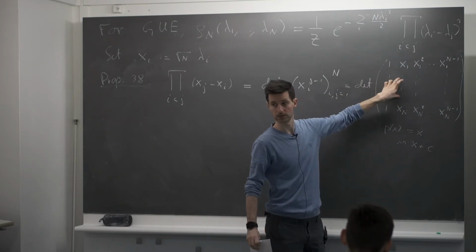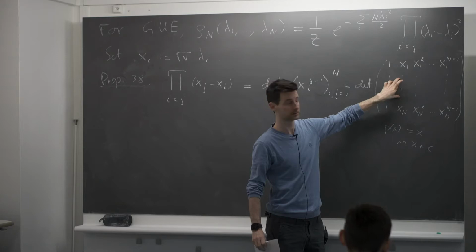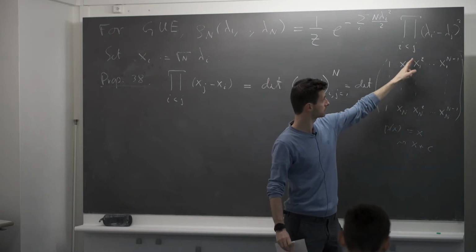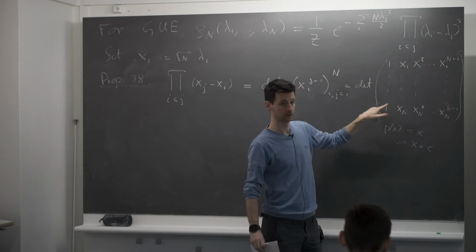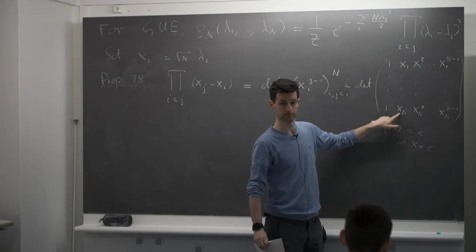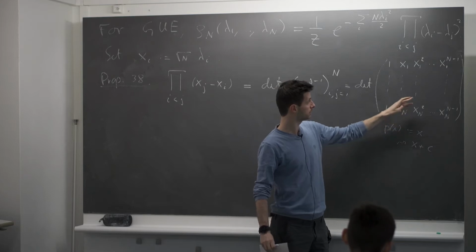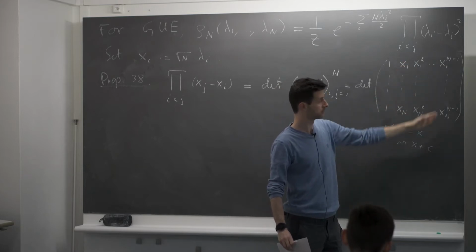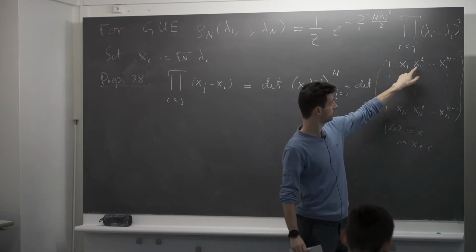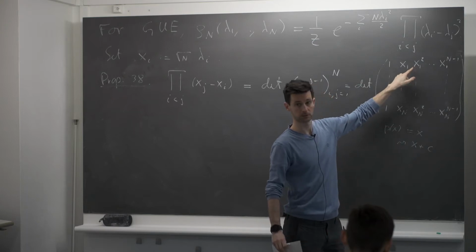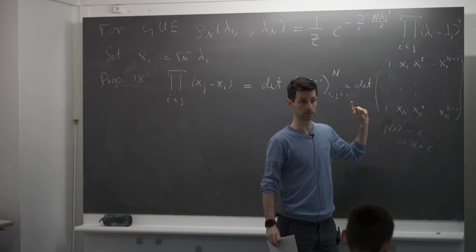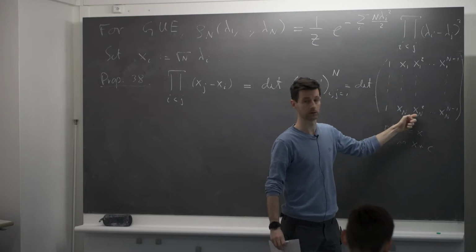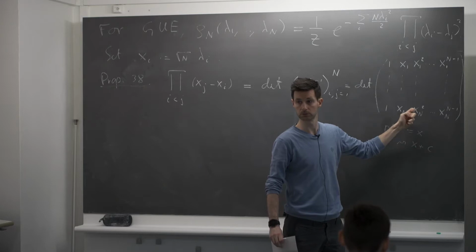And this does not change the value of the determinant, right? Similarly, in the second column, I could add any linear combination of the first column and the second column, which means I can replace the polynomial, which here in the second column is just x squared, with any other polynomial which has the same degree and top coefficient 1. And these polynomials were called monic.